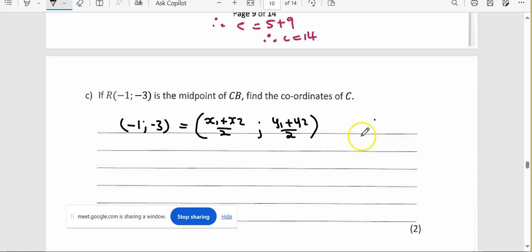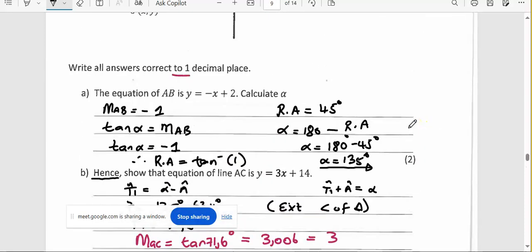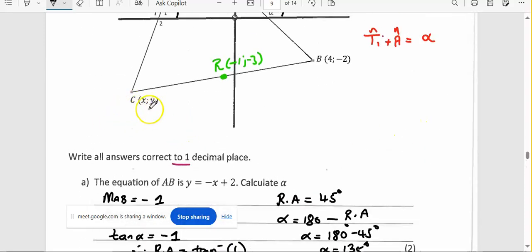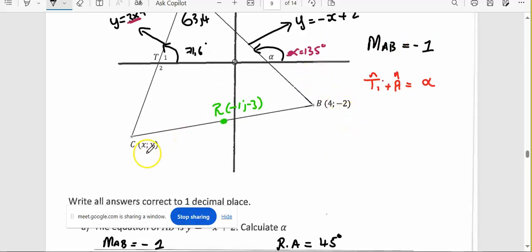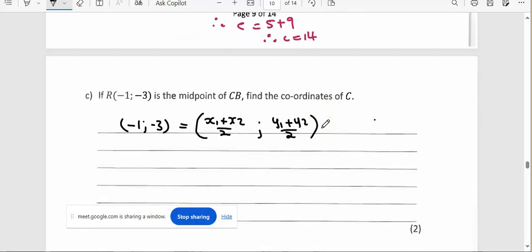Right. From this formula, we were saying the x of C plus the x of B, which is 4. So I'm going to say in this bracket, this is -1, -3.